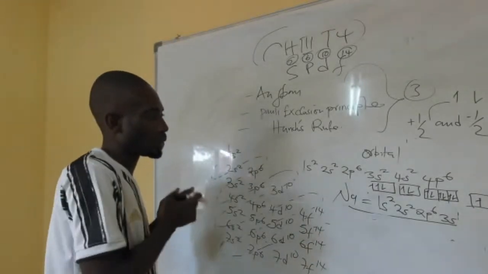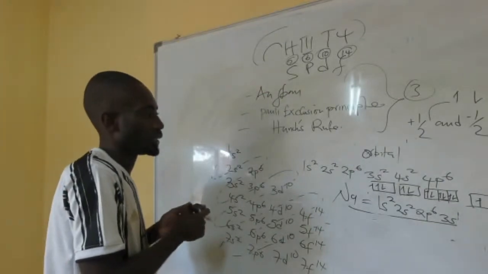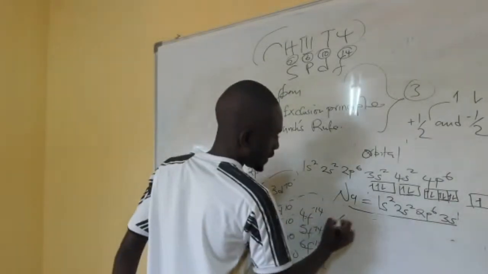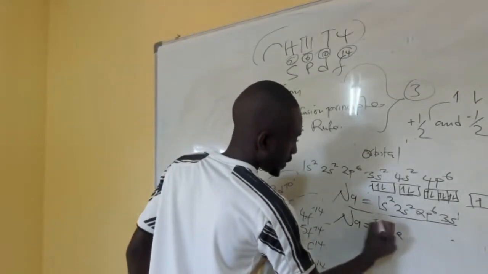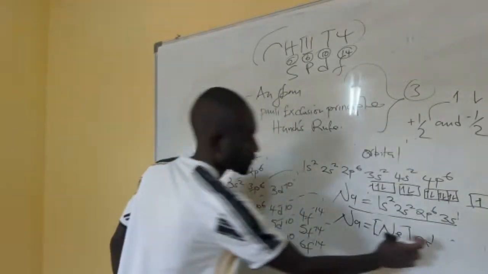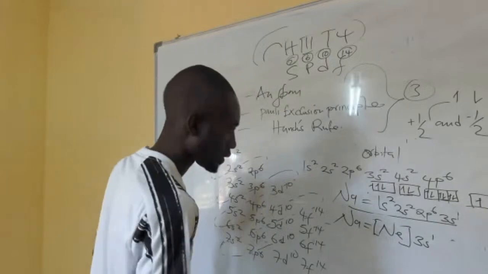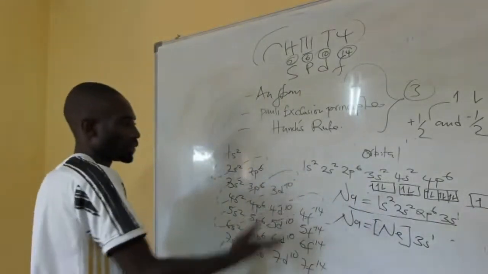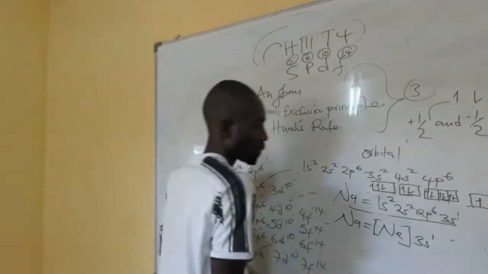So we can look at one of the elements, which is neon, which has got 10. So we can say Ne 3s1. So we have that one, 3s1.